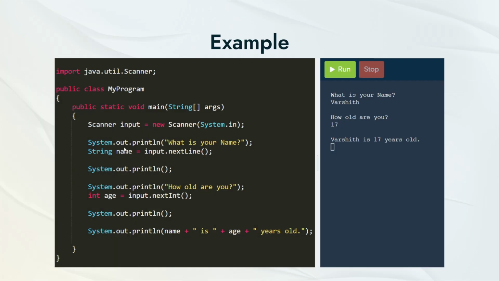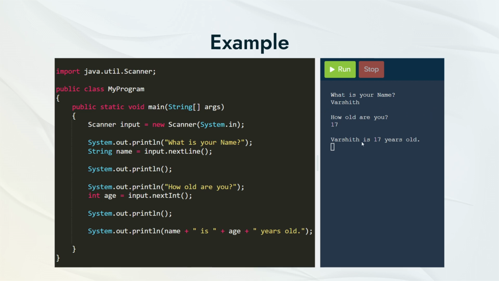So here's an example of user input in action. Scanner input = new Scanner(System.in). That is the base code. Keep in mind that java.util.Scanner is already imported. I have a print statement saying, what is your name? And what it does is user input for the Scanner is taken in the console itself. So the user inputs it in the console.